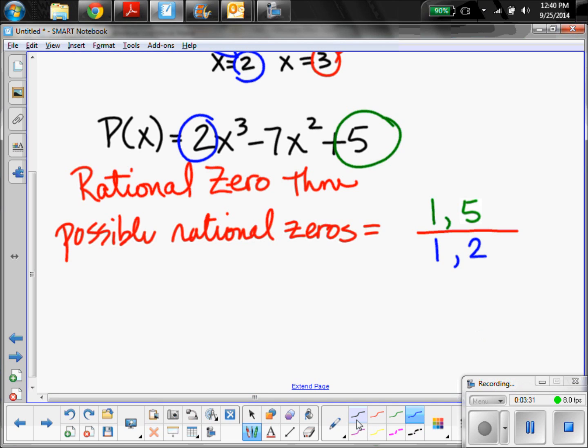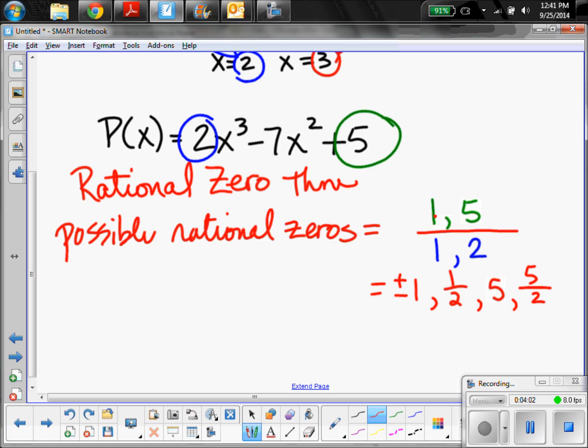So all combinations of those fractions: 1 divided by 1 is 1. 1 divided by 2 is 1/2. 5 divided by 1 is 5. And 5 divided by 2 is 5/2. So I'm going to have all positive values, that's 4 possible numbers that I could plug in for x, and all negative values.